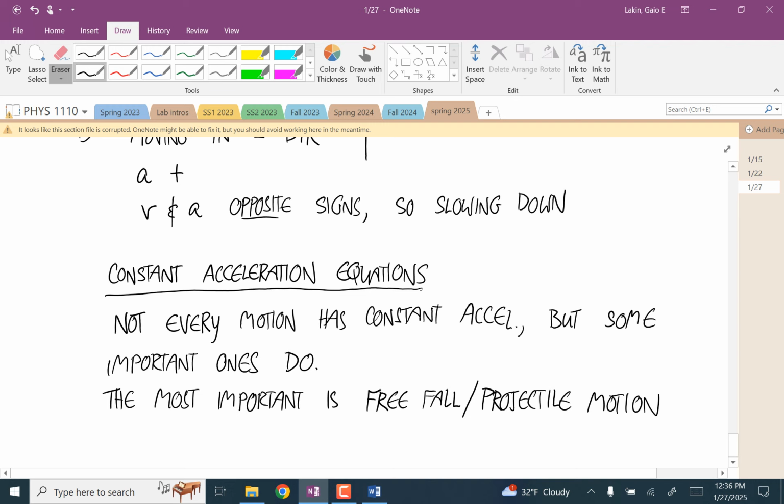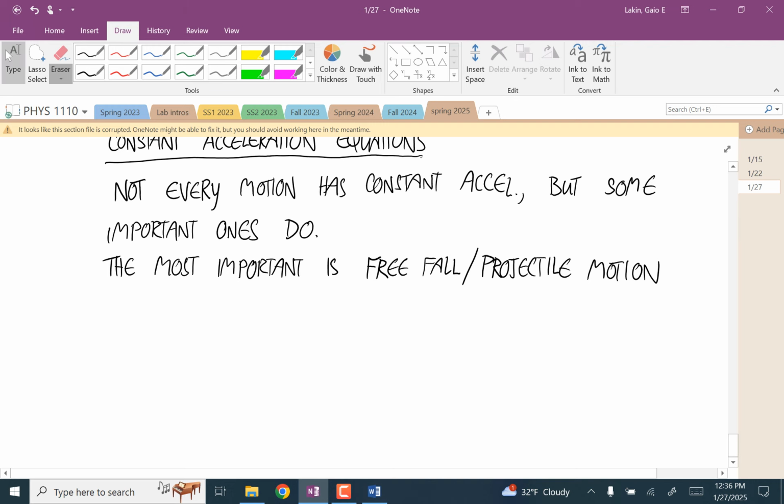Okay, so now I'm going to define some things. So let's define P sub I and V sub I. So those are going to be the position and the velocity when time is equal to 0.